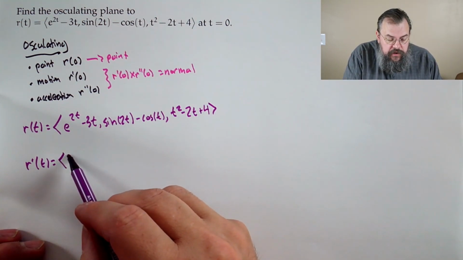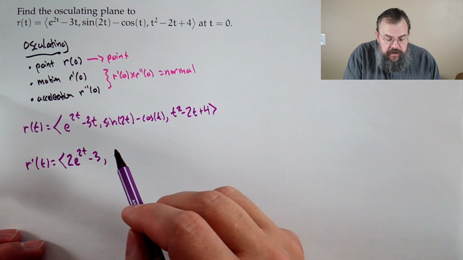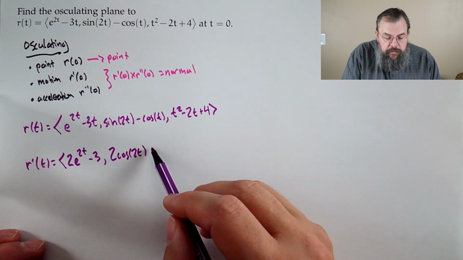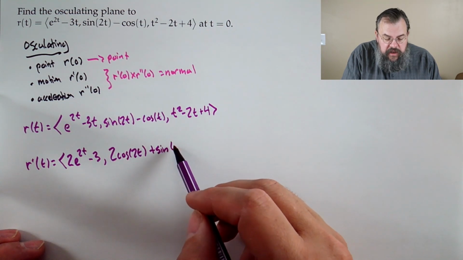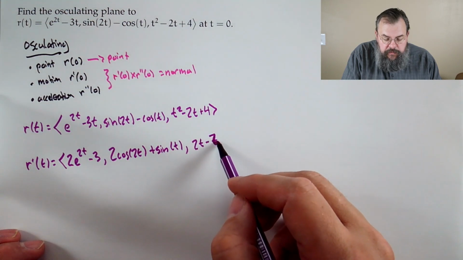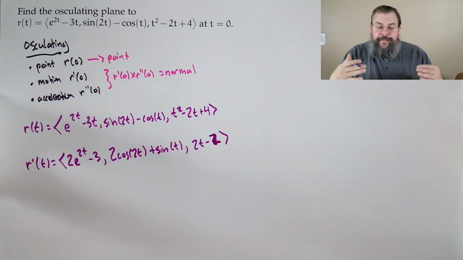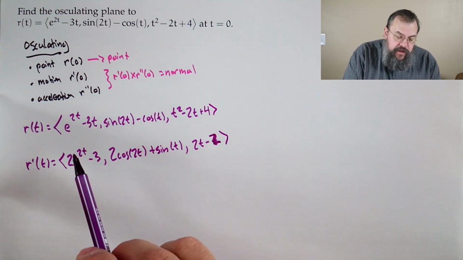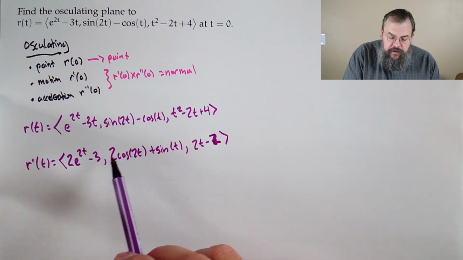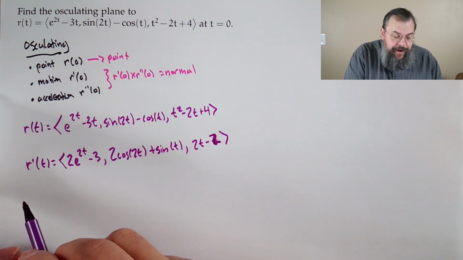That would be 2e to the 2t minus 3, comma, 2 cosine 2t plus sine t, comma, and 2t minus 2. So for example, the 2 came down by the chain rule, and that's what happened here with this 2 as well. And of course we need the second derivative, r double prime.